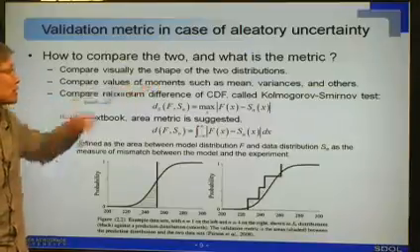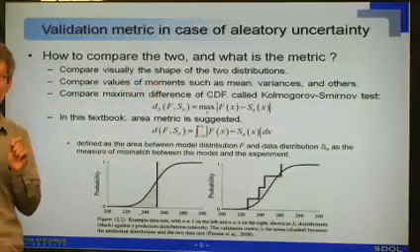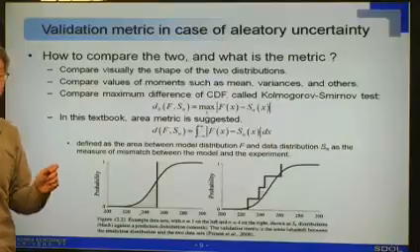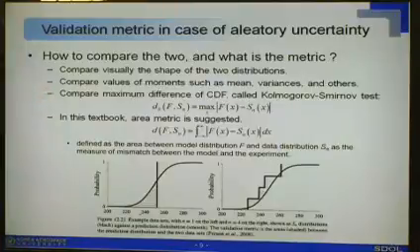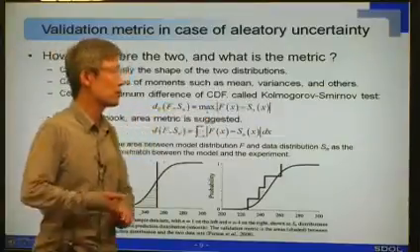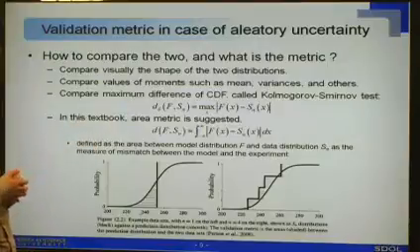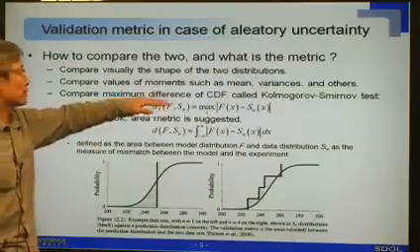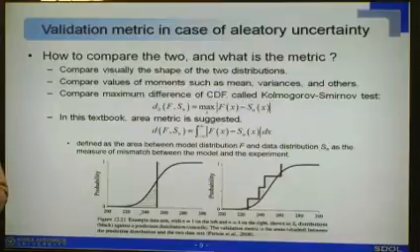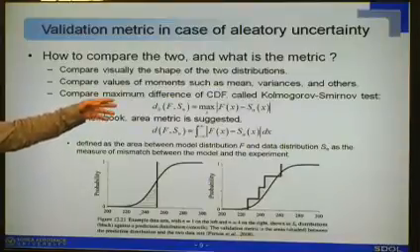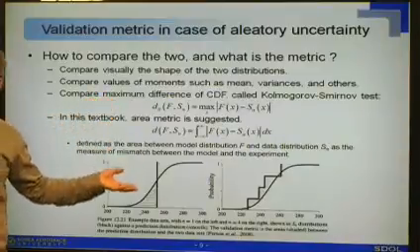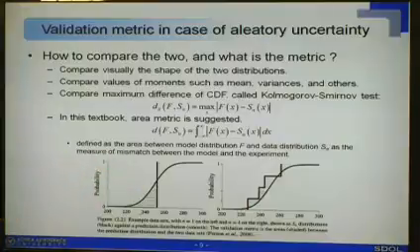Compute this information from each of the results and compare. That is the second way. And the third way is to use the so-called Kolmogorov-Smirnov test, which means computing the maximum difference of the two CDFs. And this is the typical way of comparison in traditional statistics.